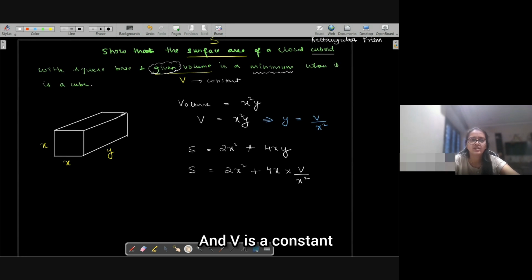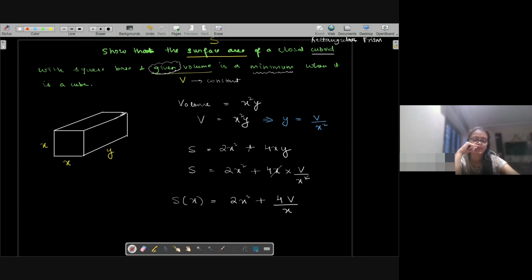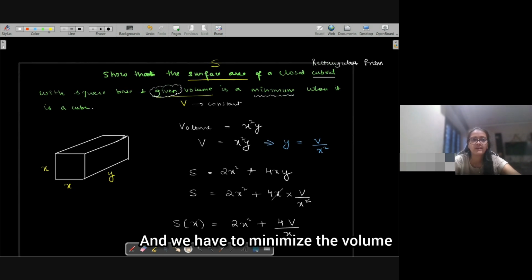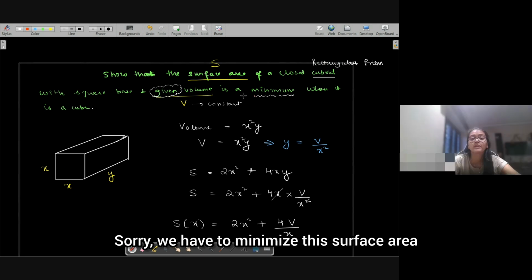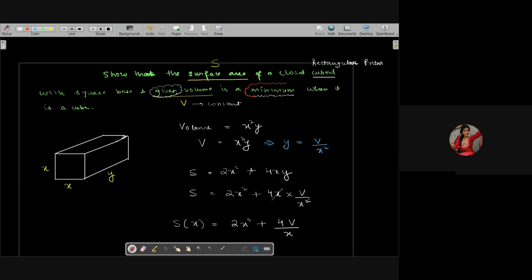And v is a constant, so we don't have to worry about it. So now we have a function s of x, 2x squared plus, this gets cancelled, 4v over x. And we have to minimize the volume. Sorry, we have to minimize the surface area.